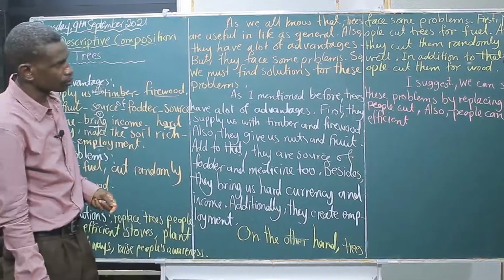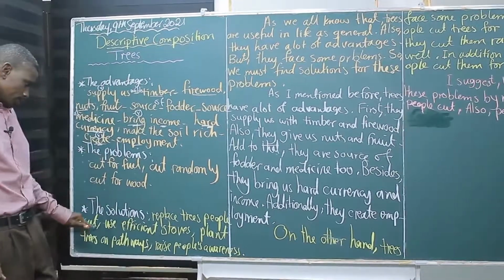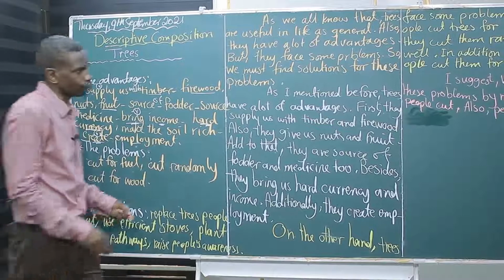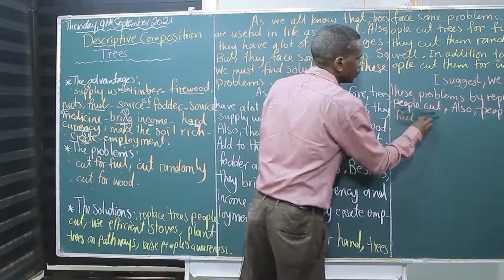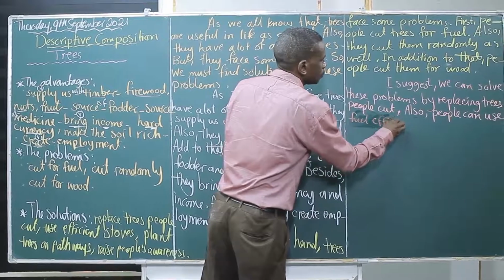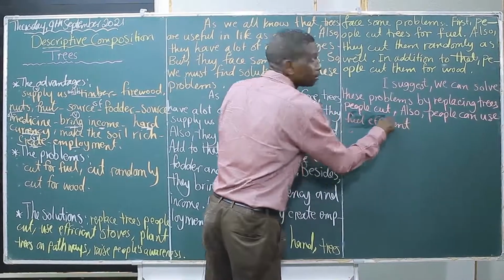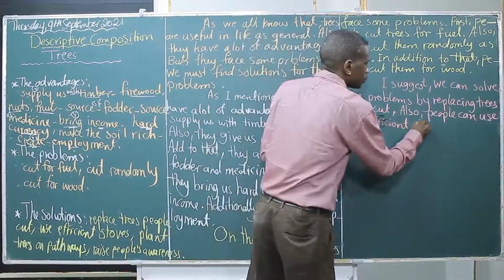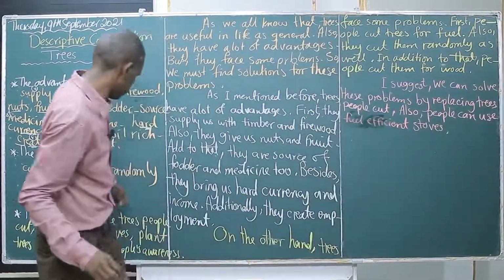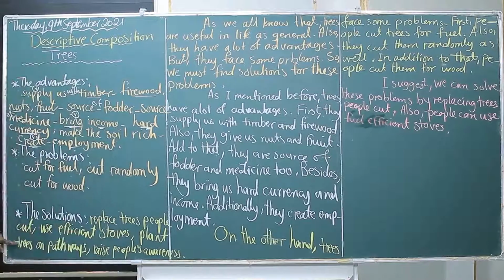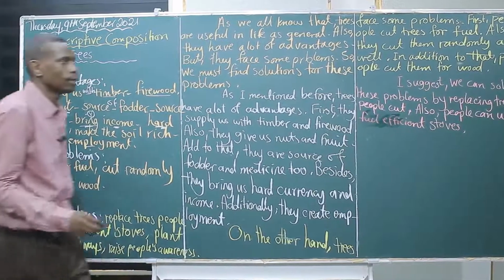Sorry for this. Fuel efficient stoves. Use fuel efficient stoves. Full stop. And then plant trees on pathways.